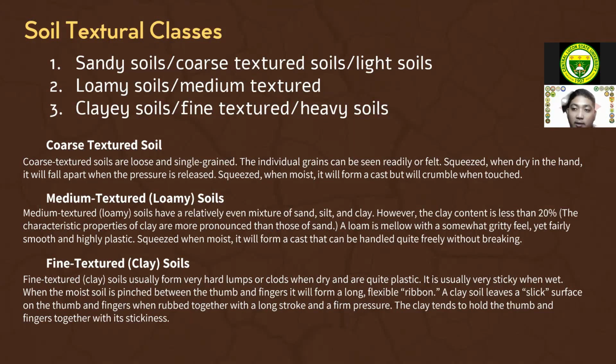So yung once na nag-measure tayo ng texture ng soil, yung fingers natin, once na pinagdikit natin, pag may naiwan na slick or yung dumikit na mga lupa sa ating fingers, ibig sabihin clayey textured yung soil natin.